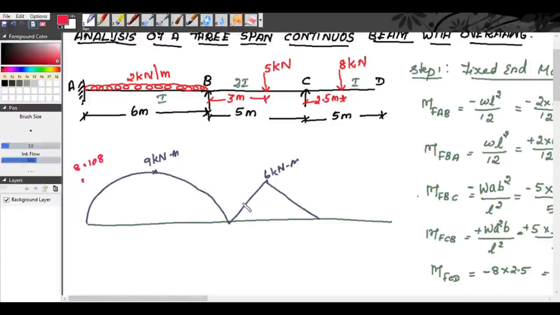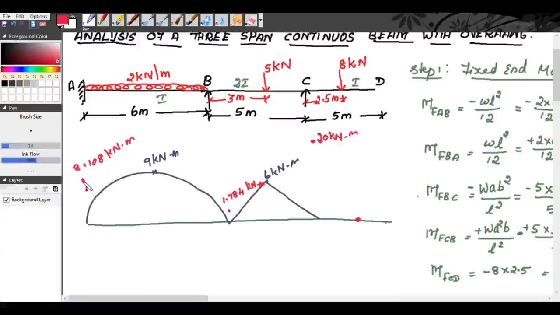At B, it is 1.784. Everywhere it is kilonewton meter. At C, it is 20. And up to this point we will have the load. After that, in this span, there will not be any bending moment.